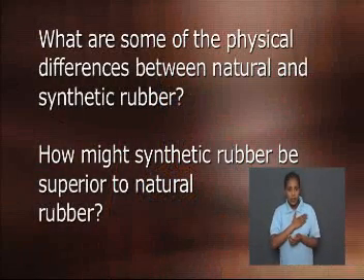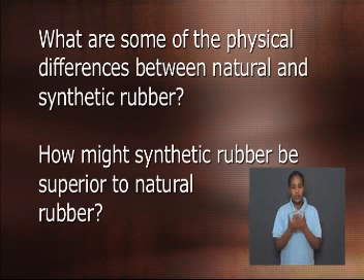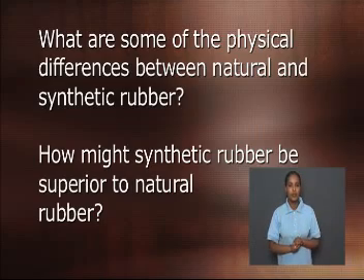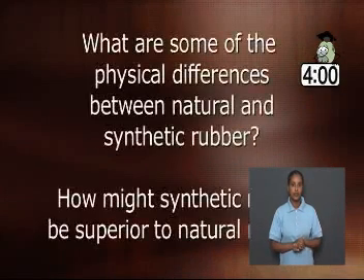Please form groups of 3 or 4 and discuss the following questions. What are some of the physical differences between natural and synthetic rubber? How might synthetic rubber be superior to natural rubber? Students, let's get ready. Begin.